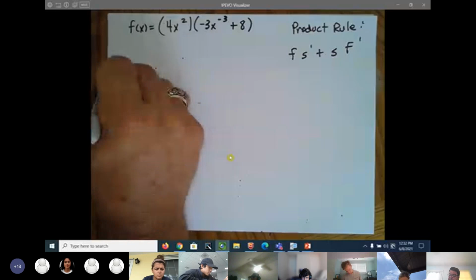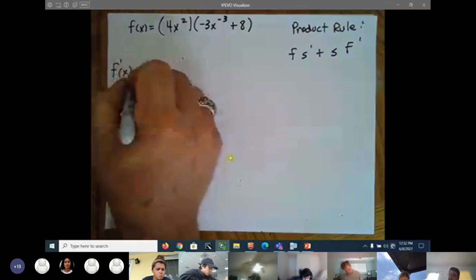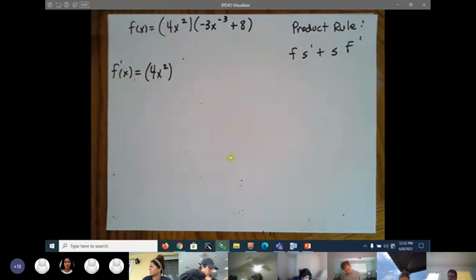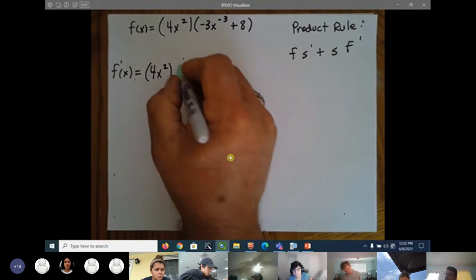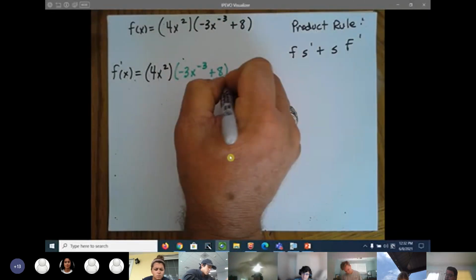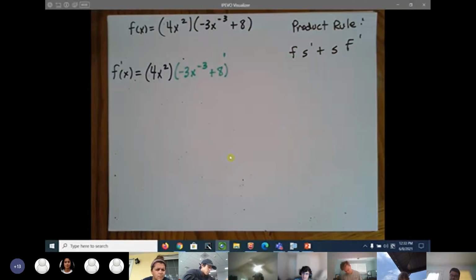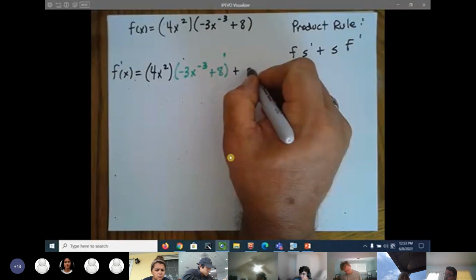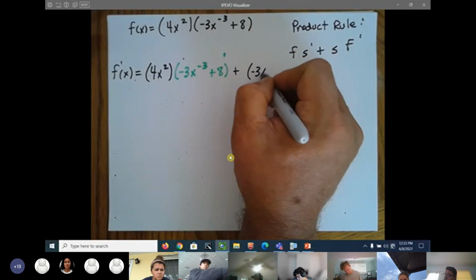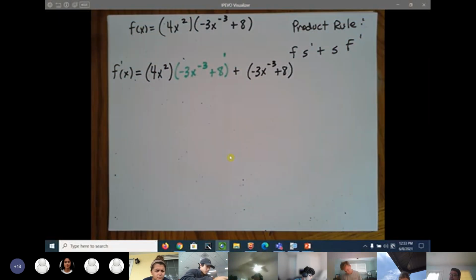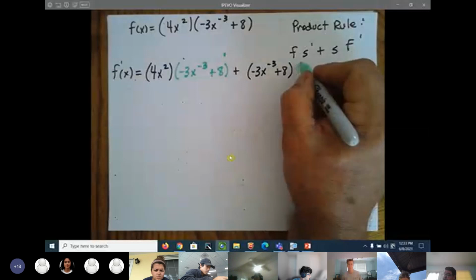So f prime of x is equal to first times the derivative of the second, plus the second times the derivative of the first.